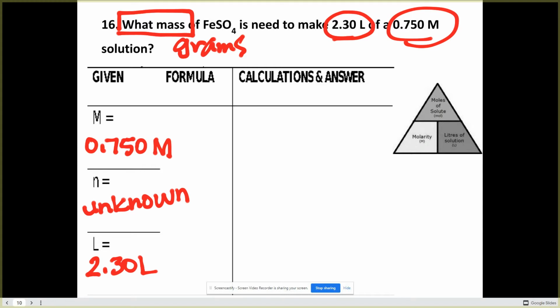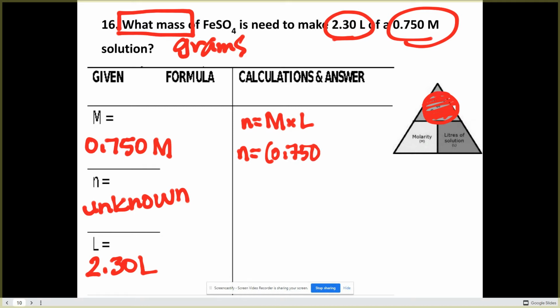So let's solve for n. On the triangle, n is on the top, so that's missing. To get n, you have to multiply the big M by the L.